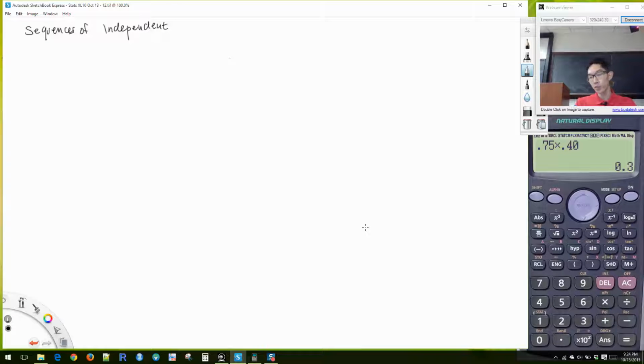So this could be something like, I decide to roll a die 4 times. You've got your little die, 1, 2, 3, and so on, and you roll it, and you're going to do this 4 times.